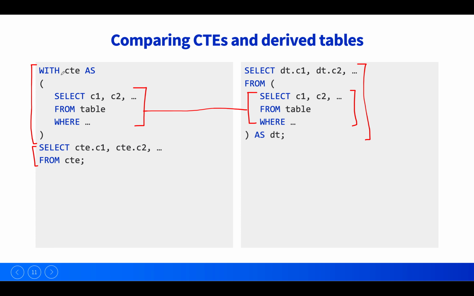But at least with CTEs, there's no need for you to identify the depth of a particular query, because these subqueries are essentially executed one by one, and you know which subqueries will be executed first, then second, and finally last. So this is why oftentimes it is just a bit easier to make use of a CTE, for the programmer's benefit as well. But these two, CTEs and derived tables, are essentially equivalent.